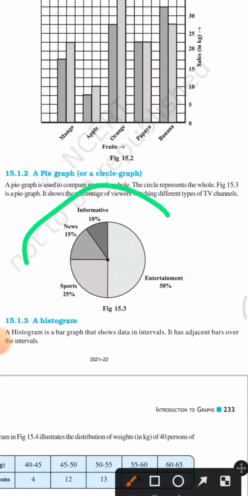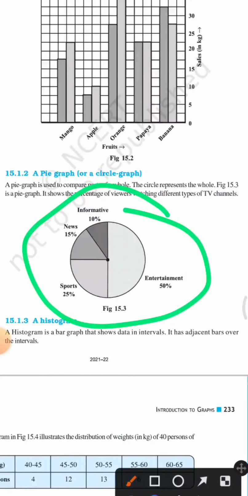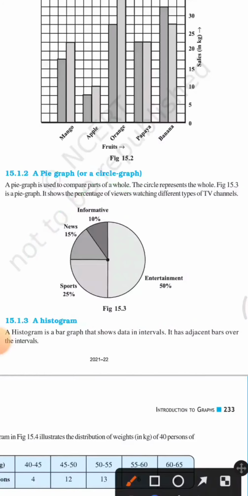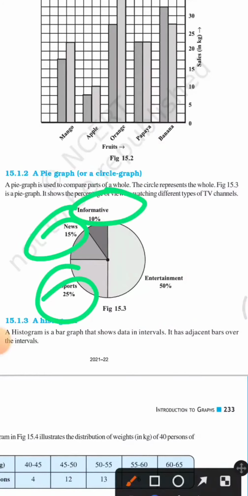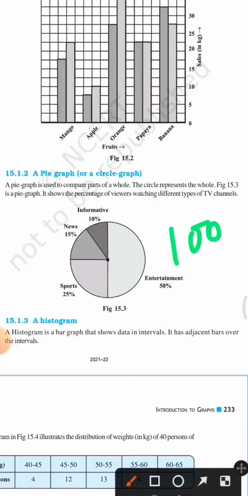So this pie graph is showing the data of the whole number of viewers, because it is showing data of 100%.